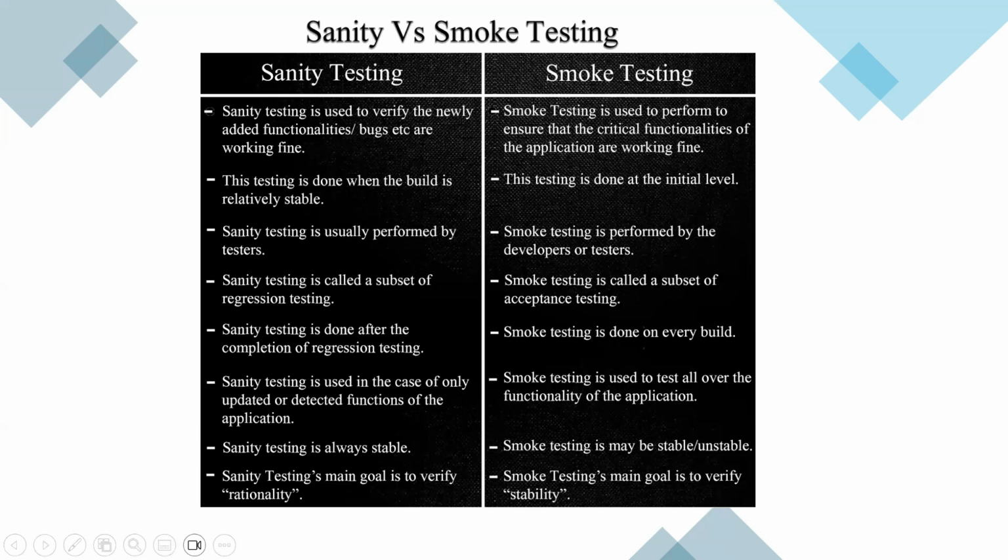Yes, we can perform sanity testing when the build is stable. Smoke testing may be stable or unstable. It could be both. Sanity testing's main goal is to verify rationality, and smoke testing's main goal is to verify stability. Right. So these are the differences between smoke testing and sanity testing.